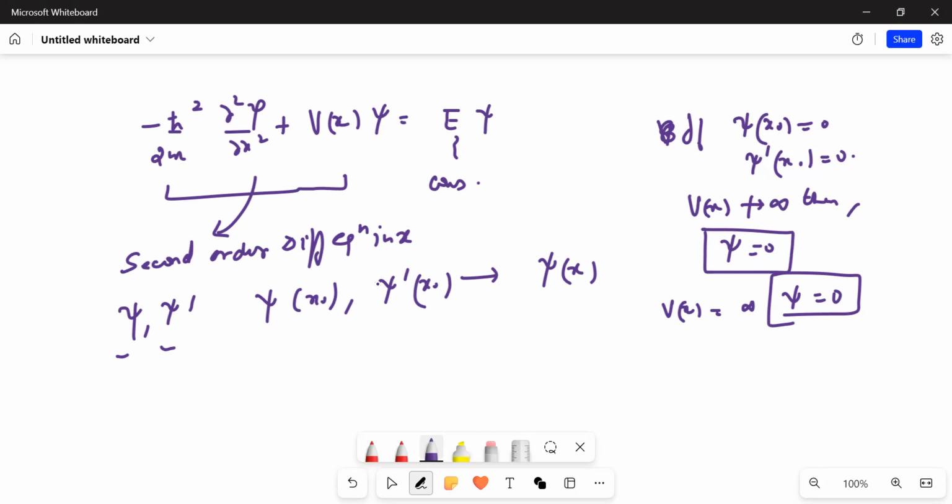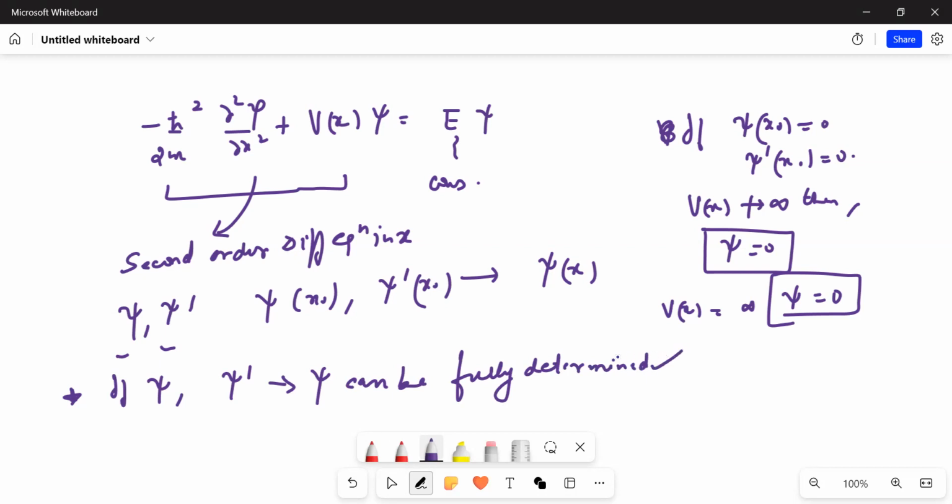This is from the theory of differential equations. Basically, if we know something about psi and psi dash, then psi can be fully determined.